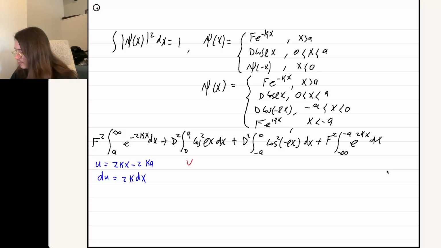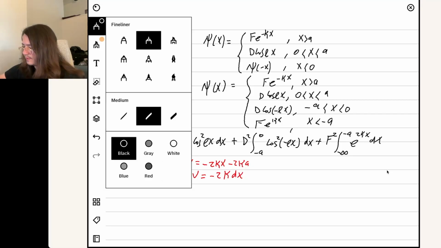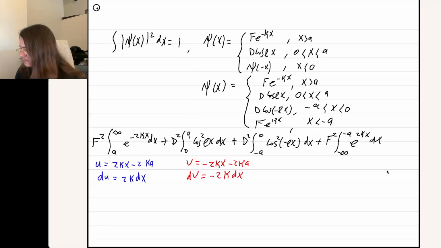The next f squared integral will be dealt with by a variable v, which I'm going to define as minus 2 kappa x minus 2 kappa a. And then the differential of that is just minus 2 kappa dx.